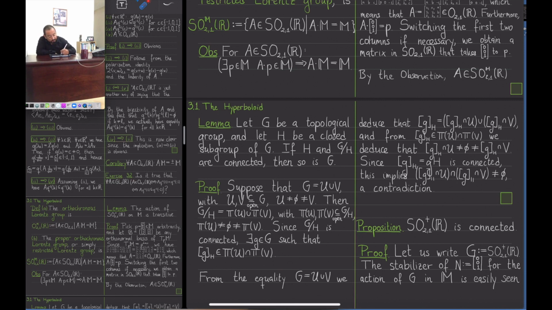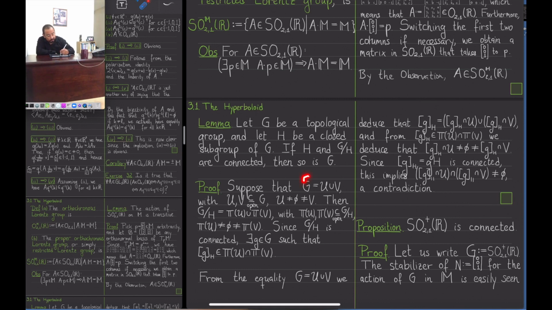So suppose we have a kind of a disconnection, so that we have two open sets, neither of which is empty, and whose union gives you G. So I'm not assuming that U intersect V is empty, right?